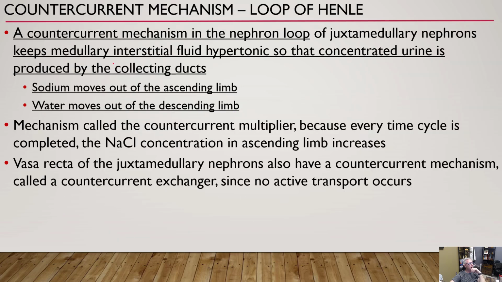So the ascending limb is going to create that hypertonic fluid by sodium moving out of the ascending limb and creating that hypertonic medullary fluid, and then that water is going to move out of the descending limb.